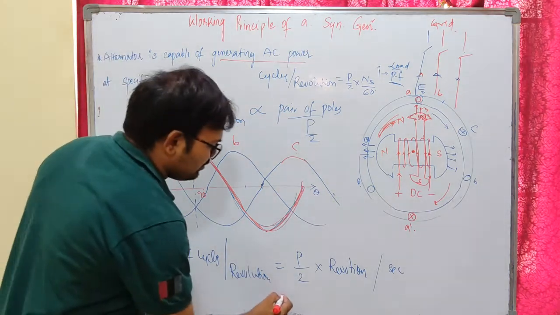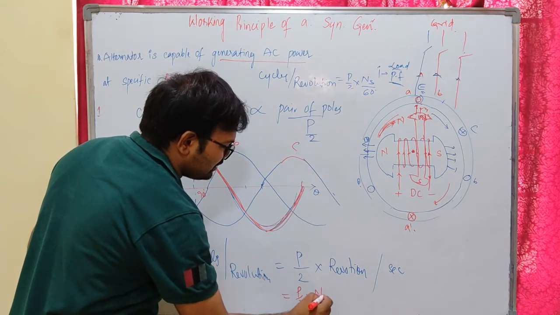That will be equal to P by 2 into the speed of the machine in RPS.